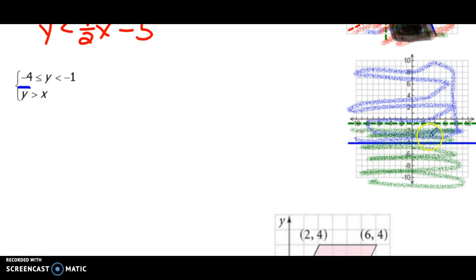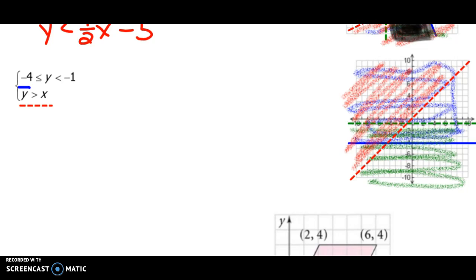So far we can see the overlap is right there. And then the last one, y is greater than x, starts at 0 and has a slope of 1. It's a dotted line because there's no equal sign. And we are going to go ahead and shade above that because it's greater than.